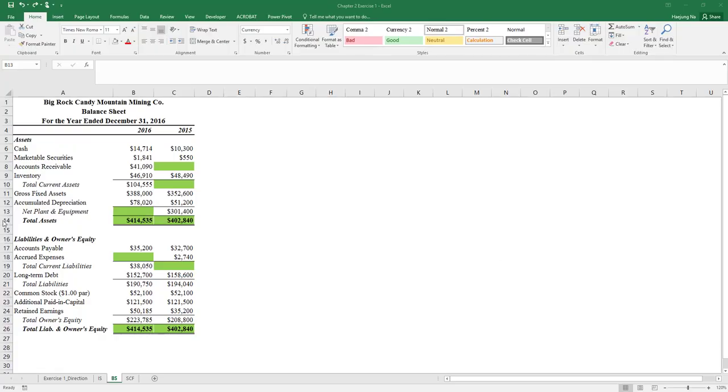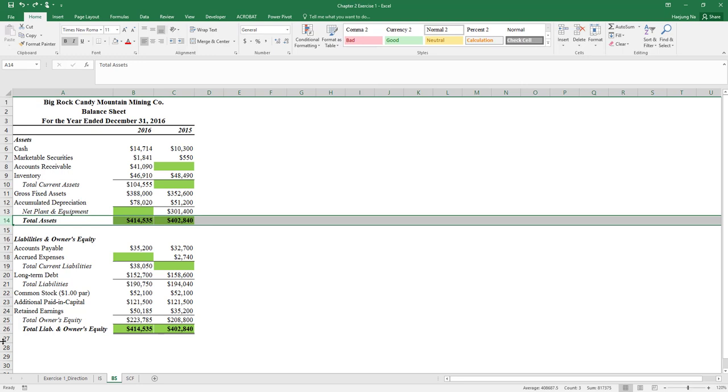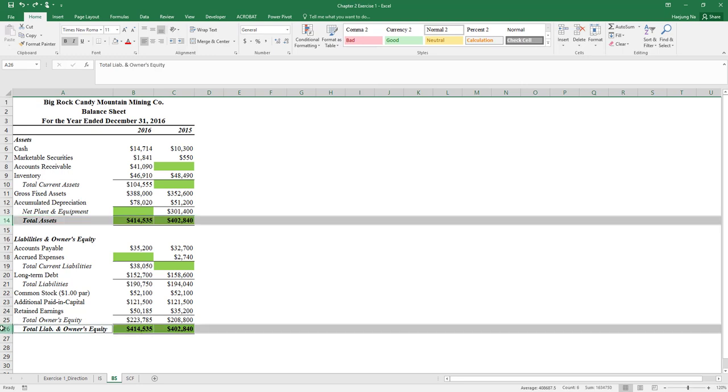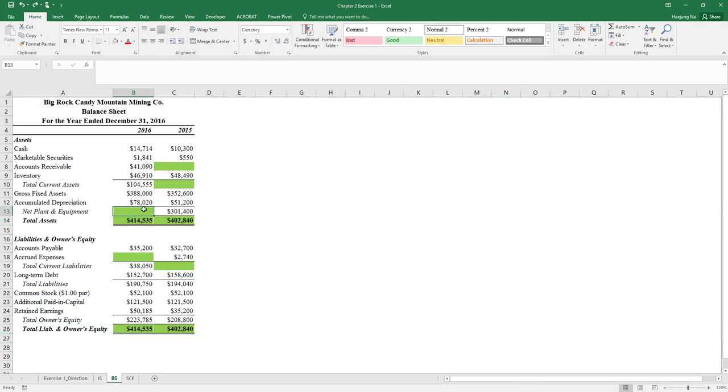Now that we have the balances for total assets and total liabilities and owner's equity, we can figure out the individual items that are missing in these balance sheets. Why don't we try the first one here. All these missing items can be calculated either going top down or bottom up.